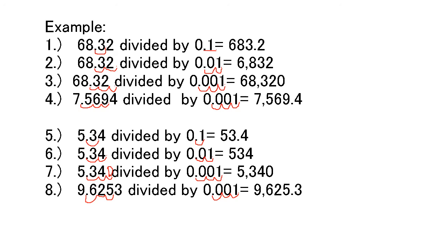So it becomes now a whole number. Now in the dividend, we are going to move 3 places to the right. Let's move 1, 2, 3. So here is the decimal point between 5 and 3. So the answer is 9,625.3 or 9,625 and 3/10.